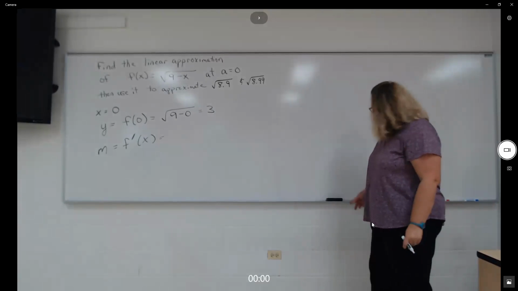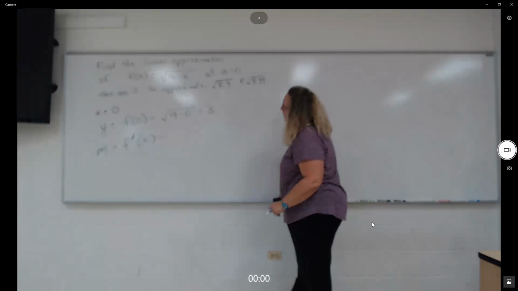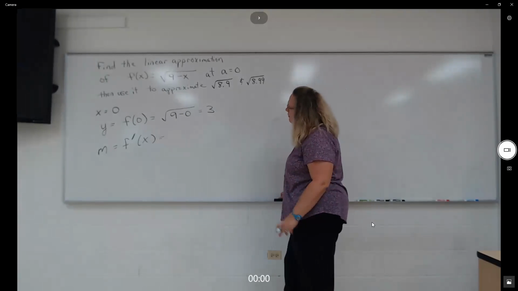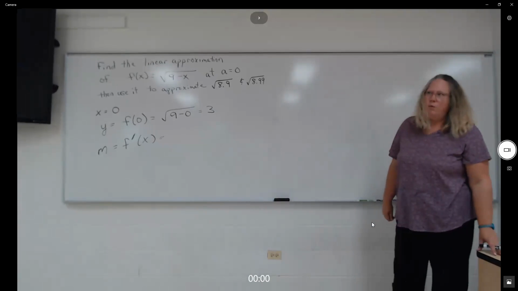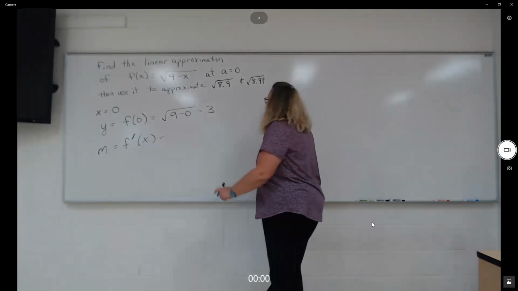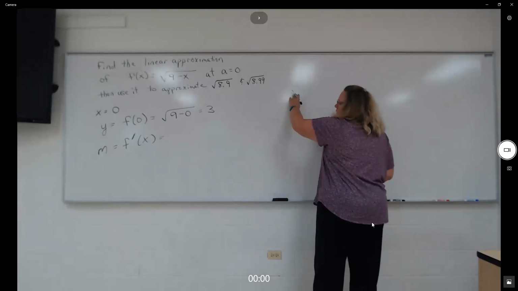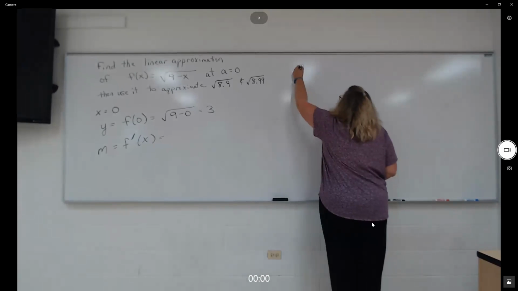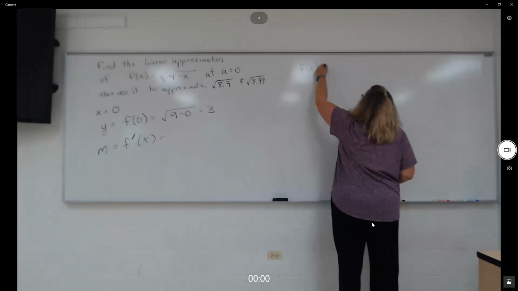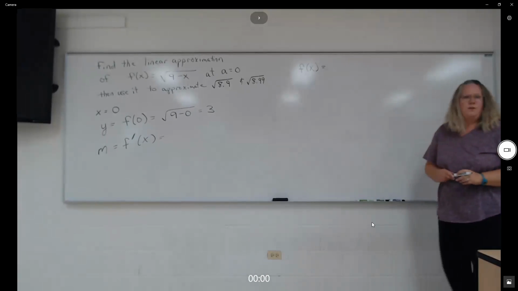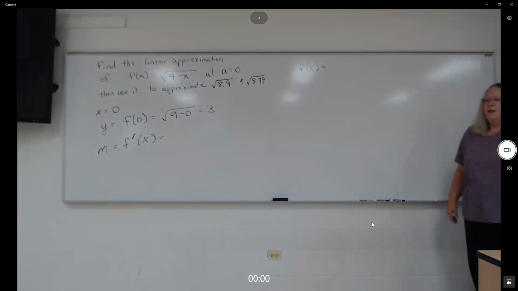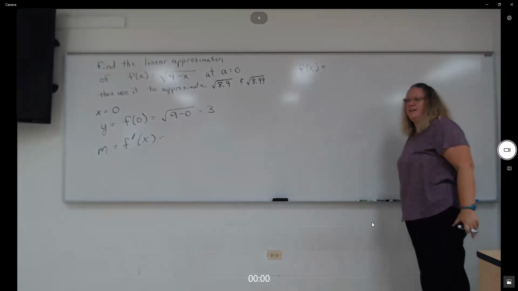We might want to back up though, because before we find the derivative, what are we going to do with our equation? Let's rewrite it. Maybe we can just do it over here. You can hold on to that. Because how do I want to write f of x if I'm going to have to take the derivative? What do you think?